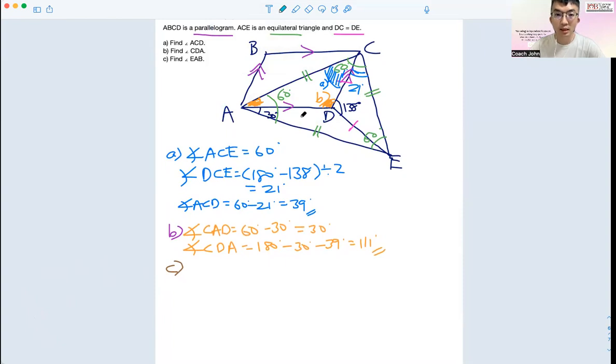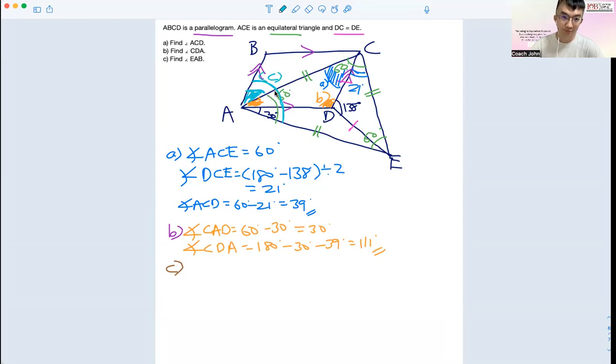So EAB will be the whole thing over here. And we already have 60, which means that we need to find this angle. Then we can just add 60 to this to give the answer for C.